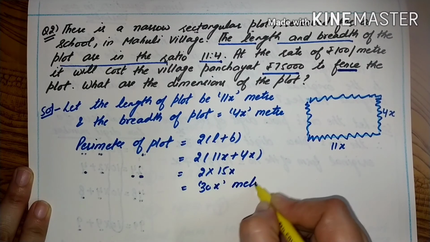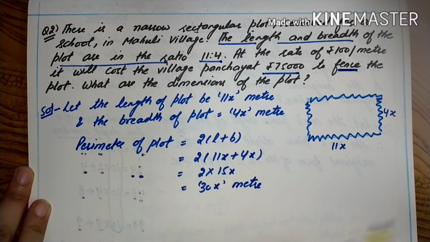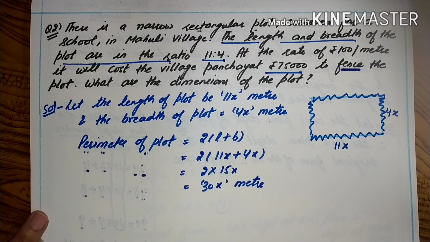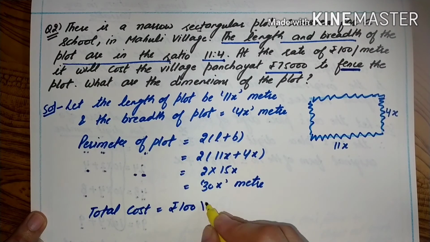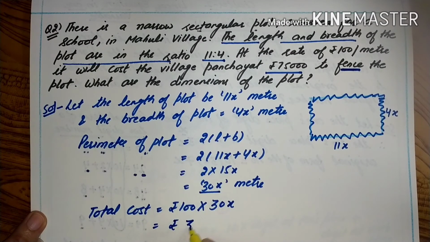30x meter. Now, if you know the perimeter of the plot and you know the cost per meter, how would you find the total cost? By multiplying the cost per meter, that is ₹100, by the perimeter, which is 30x. So it will be ₹3,000x.